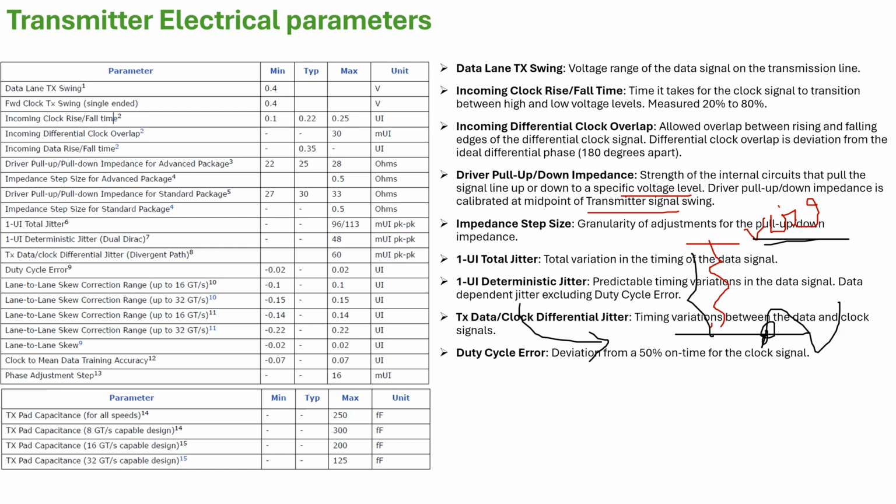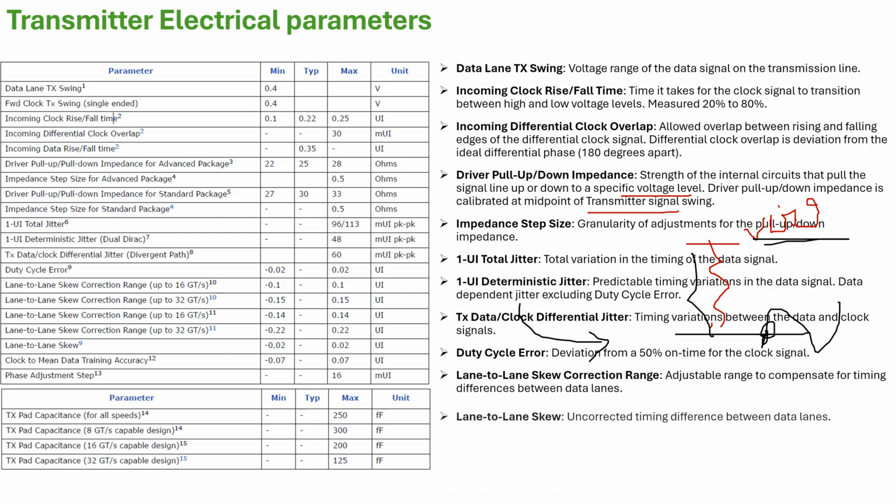Okay, duty cycle error. For example, we wanted a 50% duty cycle, how much is deviated from the ideal. And lane to lane skew correction range, okay, adjustable range to compensate for timing differences between the different data lanes, because we need symmetry across, right? And lane to lane skew also, okay, uncorrected timing difference between the data lanes.